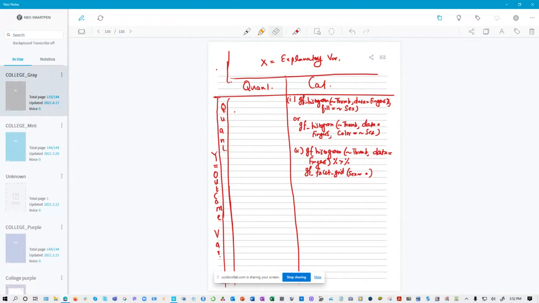Then the third one, the horizontal one, is similar to this one: gf_histogram, tilde, that's going to go to the x-axis, thumb, comma, data equals fingers, close it, and it's again chained with gf_facet_grid.